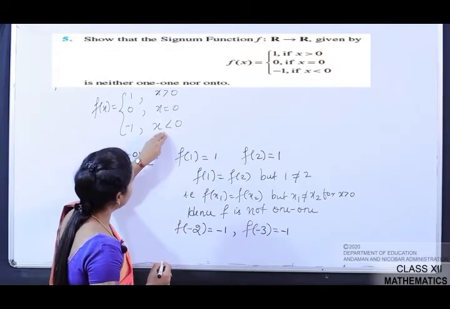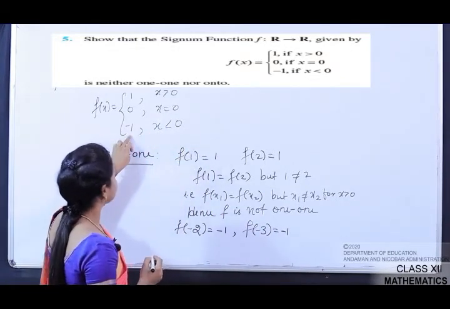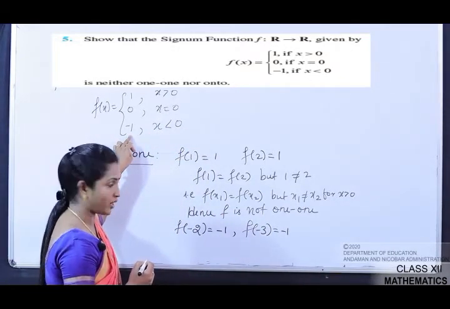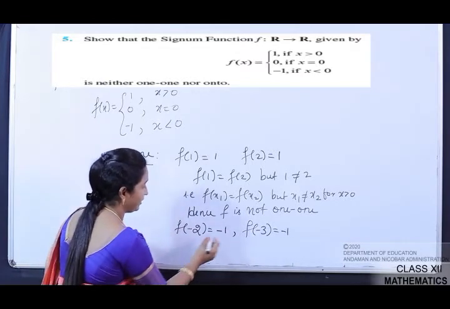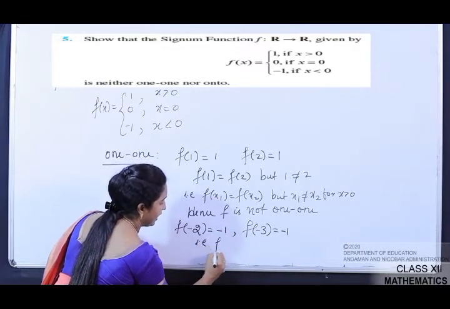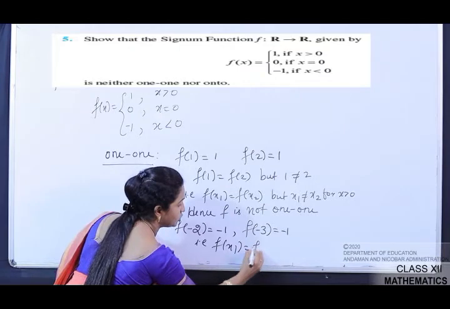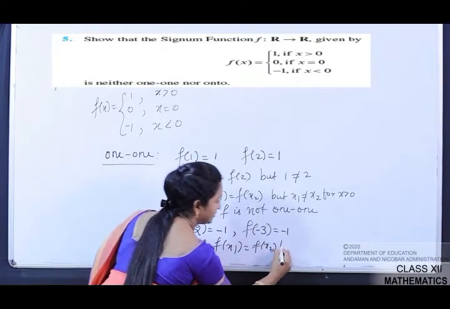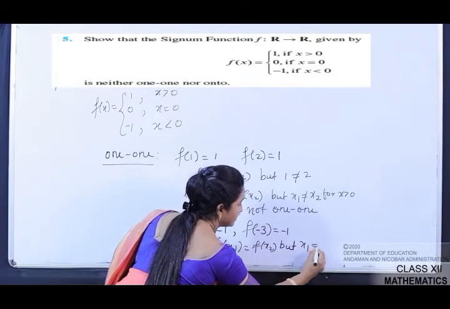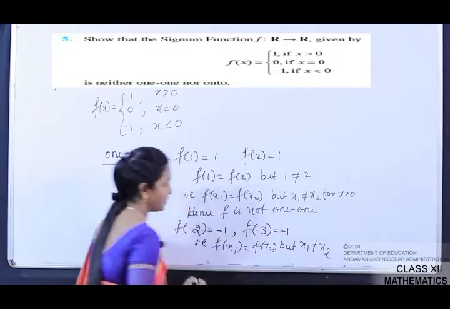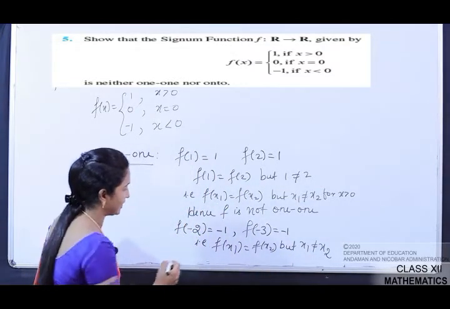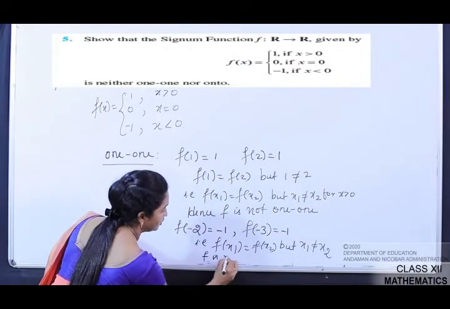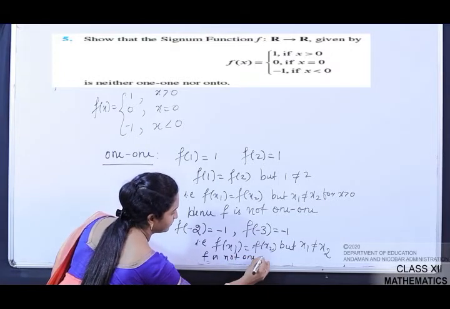Because all those values which are less than 0, the answer you are getting minus 1. Okay. So you can say that here, that is f of x1 is equal to f of x2, but x1 is not equal to x2. Hence from this condition you can say that f is not 1 to 1.